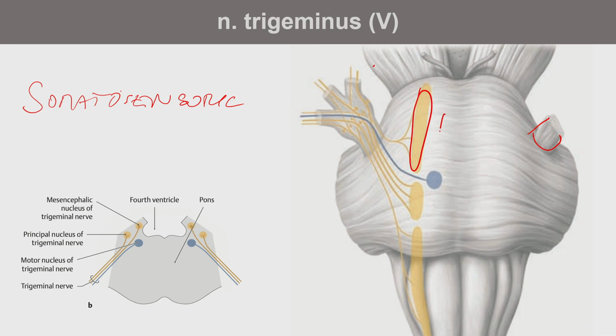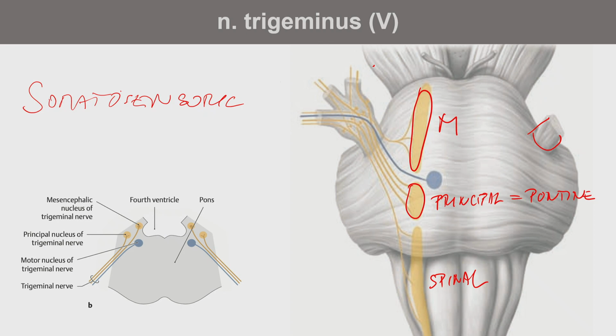One is called mesencephalic, the second is the principal or pontine, and the last one is spinal, which is localized partially in the medulla oblongata, but quite a long segment is localized also in the upper spinal cord.